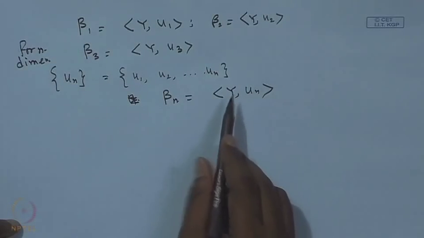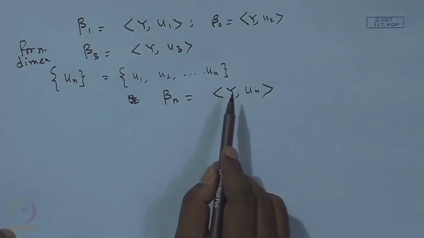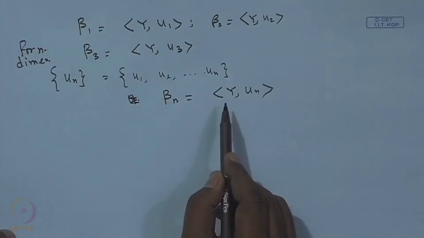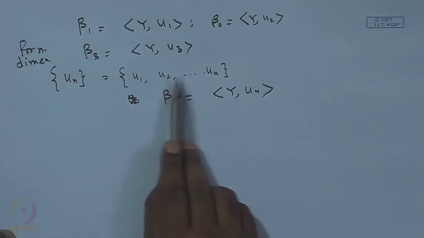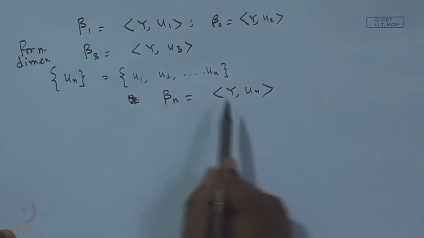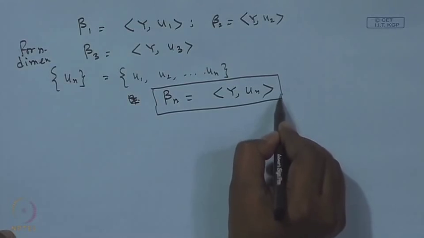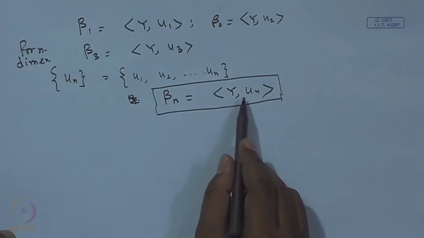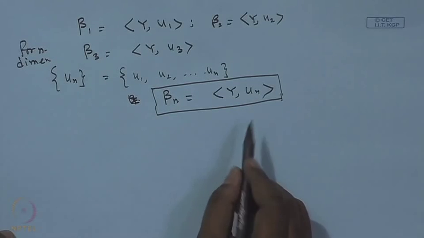That means if y is a vector in the n-dimensional space, it can be expressed as a linear combination of all the basis set vectors, and the corresponding coefficient can be evaluated simply by taking the inner product of y and the nth vector of the basis set.